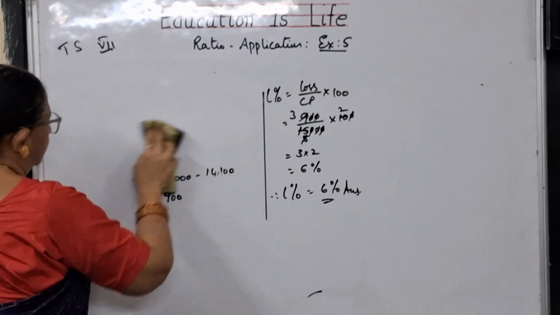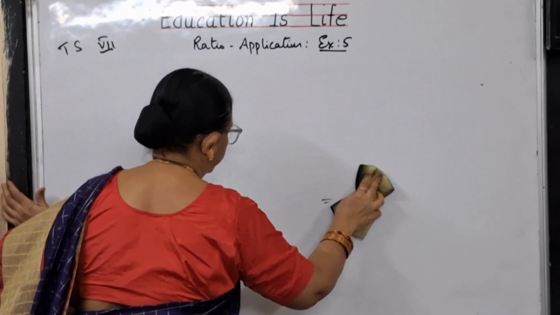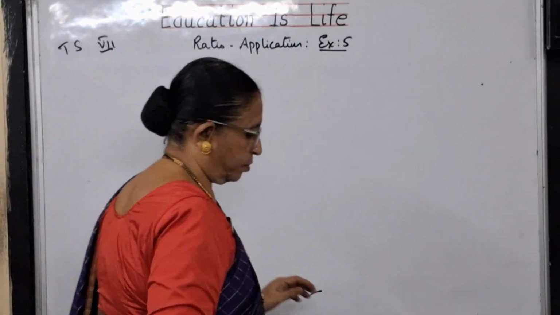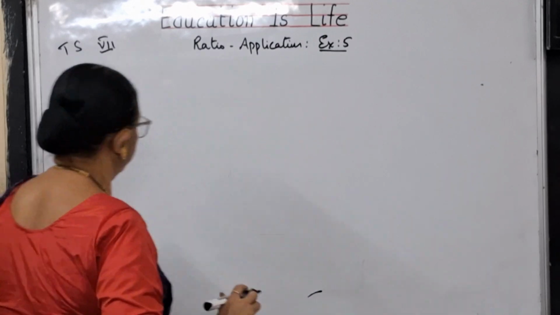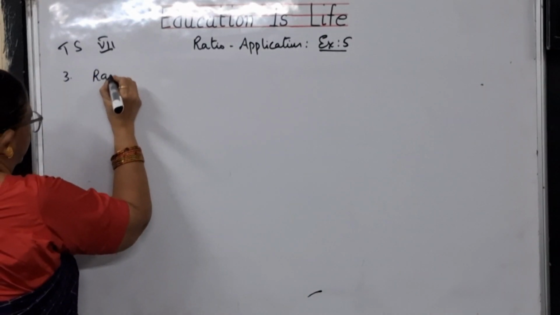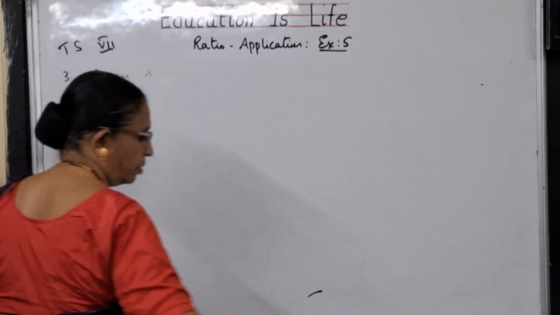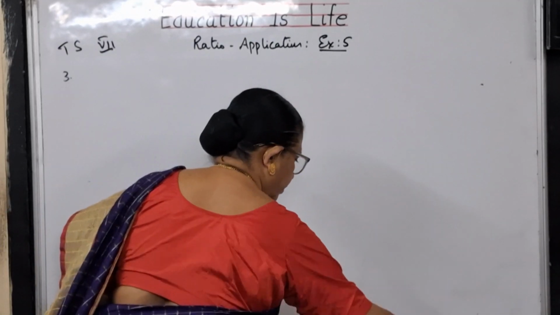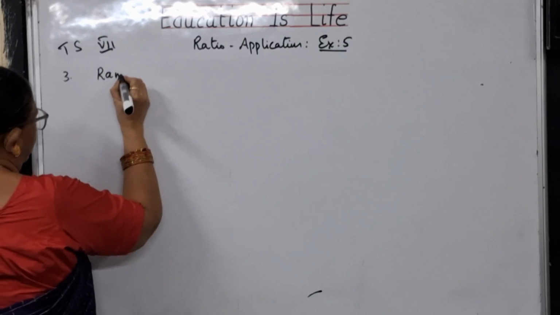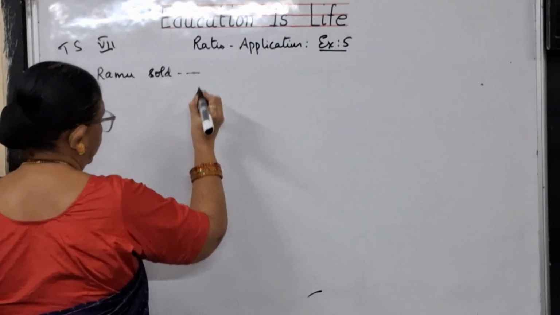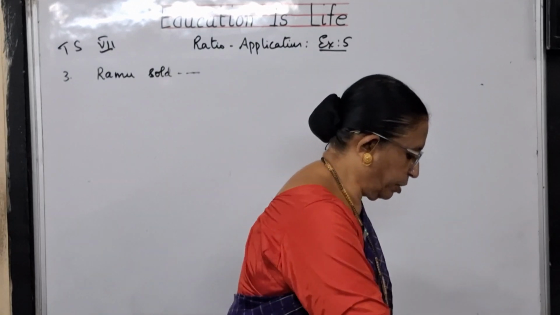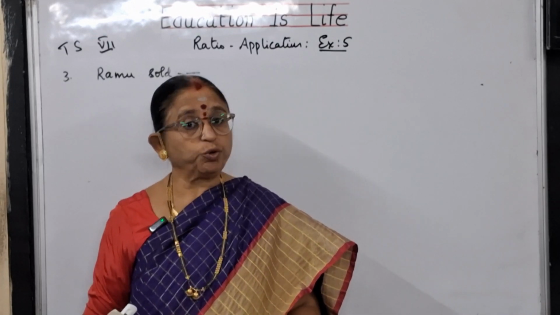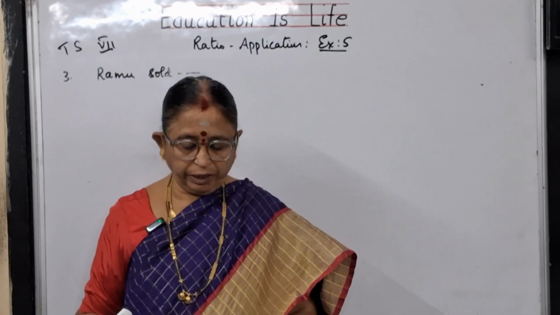Now we will see the third problem. Ramu sold a plot of land for rupees 2,40,000, gaining 20 percent.